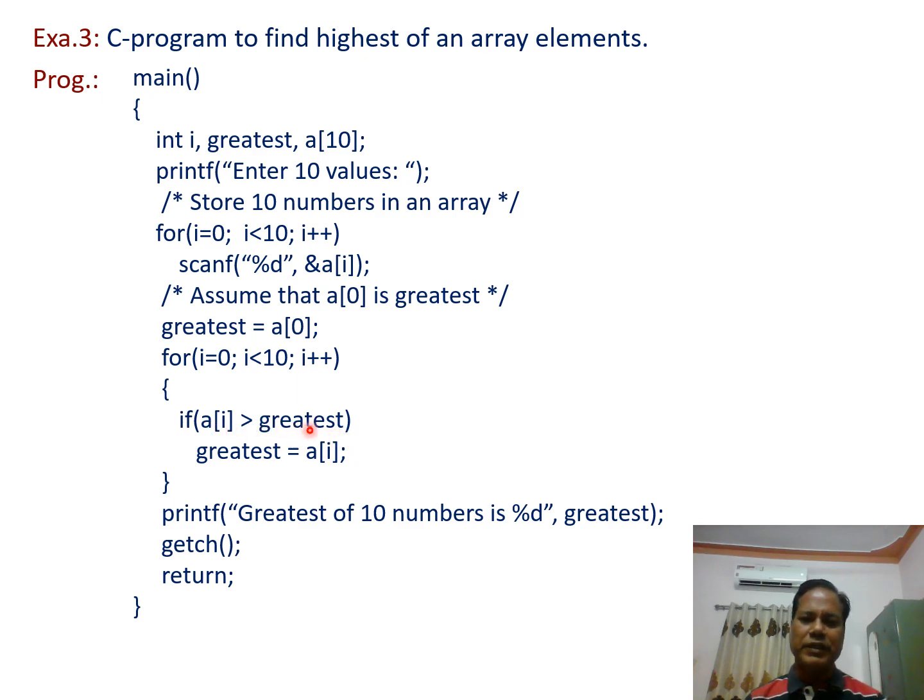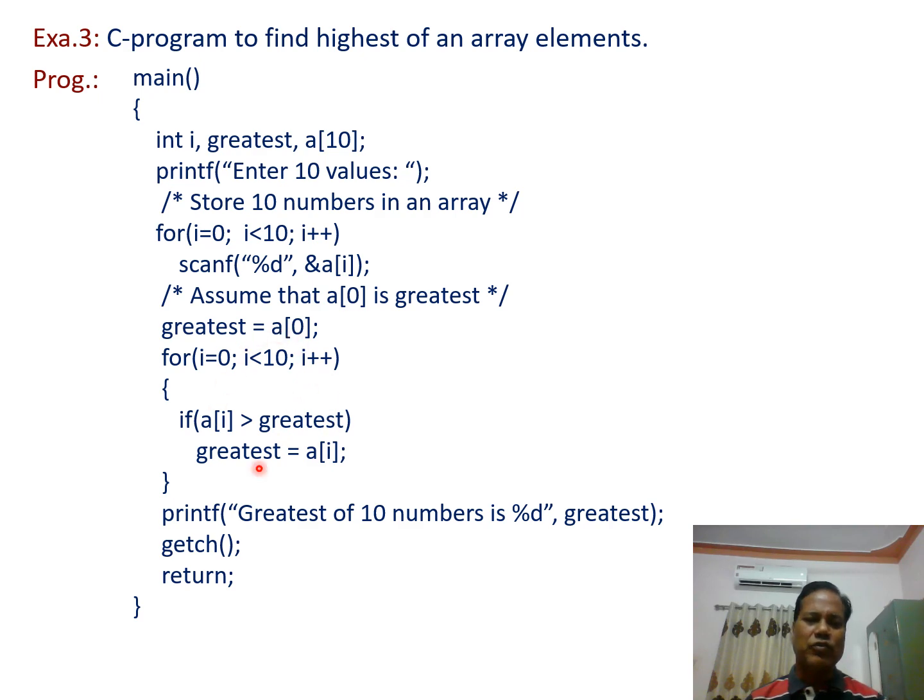If this condition is true, then greatest is set as A[1]. Otherwise it is left out. If the second value is not greater than the greatest value, then it is skipped. Then the value of i is incremented.